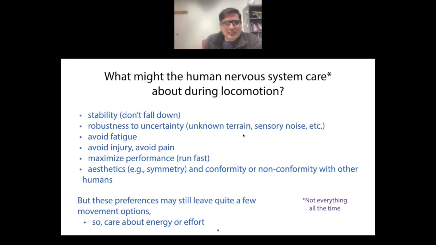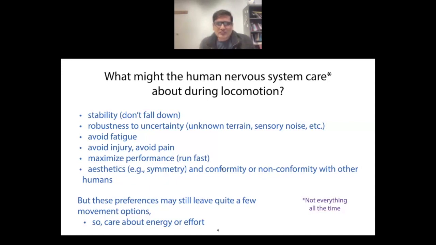And the kinds of criteria that we might talk about as being relevant to the human nervous system during locomotion, maybe things like stability, in other words, don't fall down, robustness to uncertainty, perhaps due to unknown terrain, sensory noise, which may be related to stability, avoiding fatigue, injury, pain, in some situations, maximizing performance, described or at least quantified differently in different situations, one of which might be running fast, another might be maneuvering as quickly as possible away from an evading animal, etc. In some situations, aesthetics, such as symmetry, might be useful.